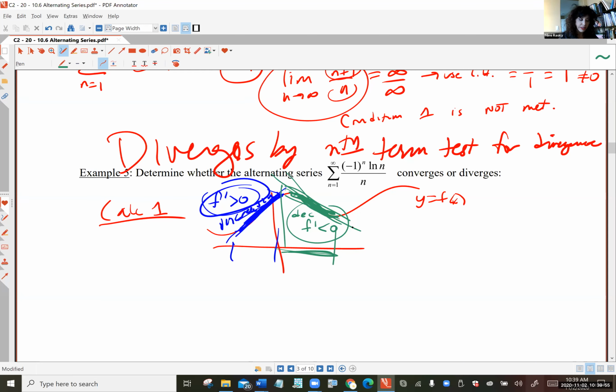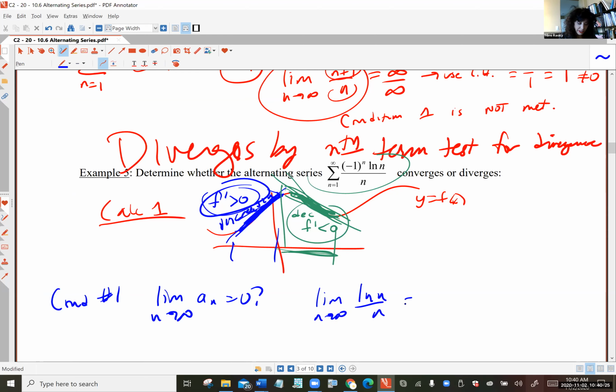So if you got this, then you're going to understand when I do condition 2 for this particular alternating series, I'm going to use this idea. Okay, so first up, condition 1. Let's do that first because that's always very key. If that one fails, don't even bother doing condition 2. Is it true that when you take the limit as n goes to infinity, you will get 0?